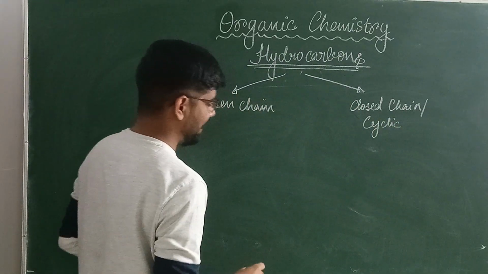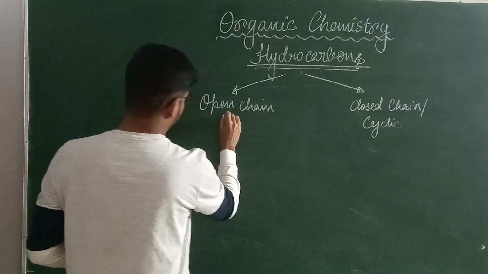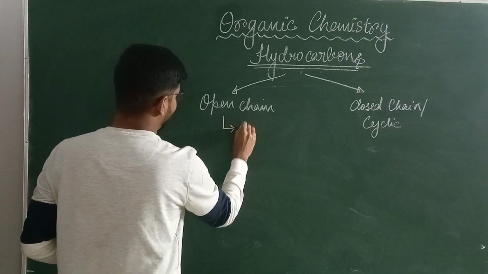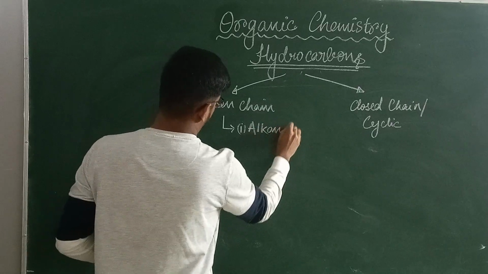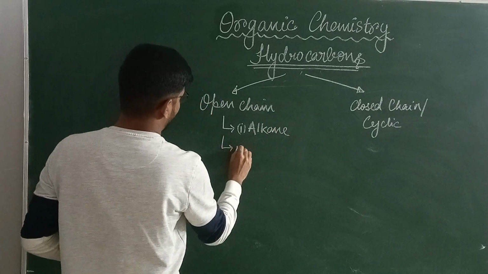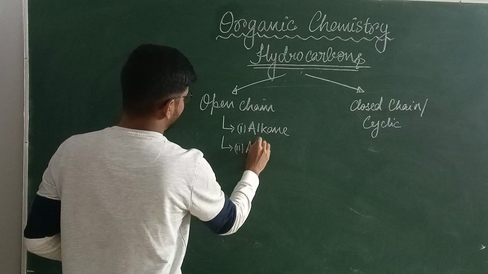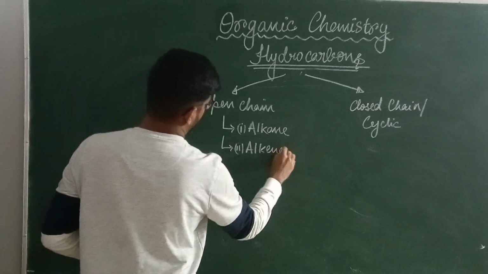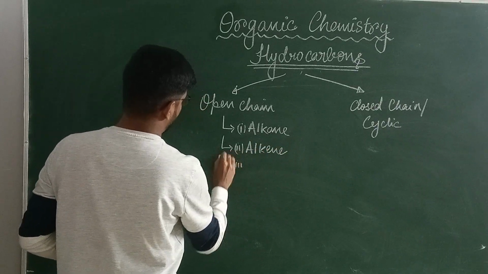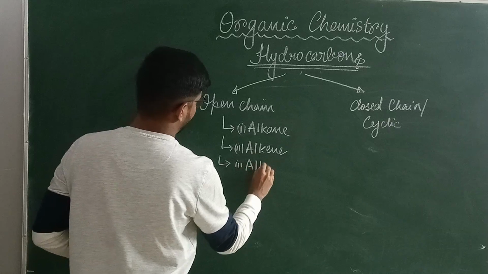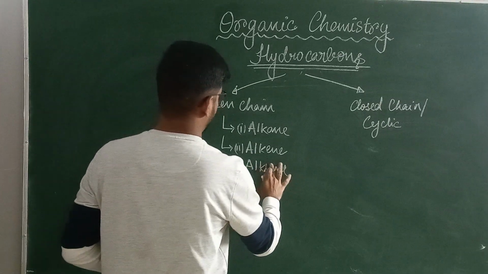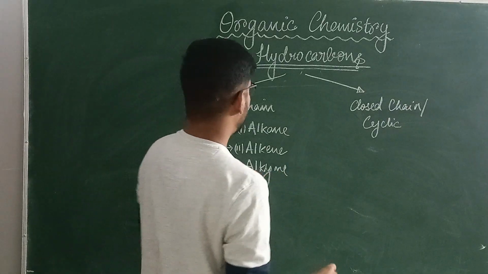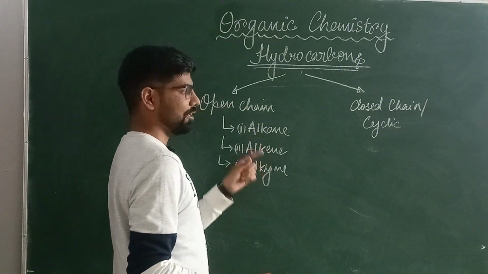The open chain can be classified further into three types: the first is alkane, the second one will be alkene, and the third one will be alkyne.